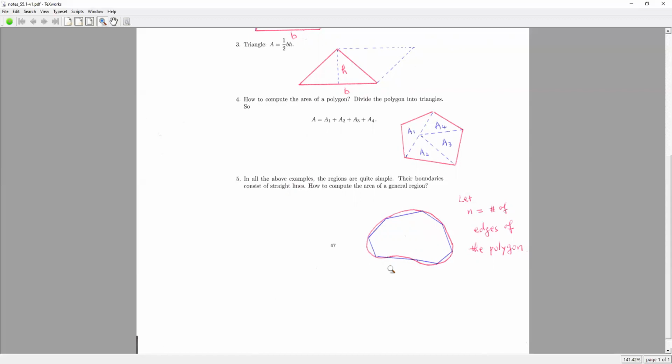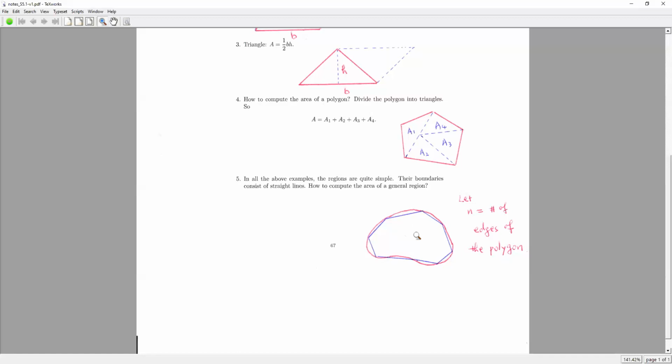We can approximate the general region by a polygon. Graphically, we can see that when the number of the edges of the polygon is large, the approximation of the general region by this polygon is good.